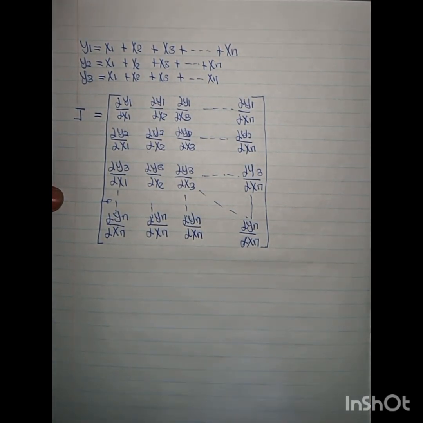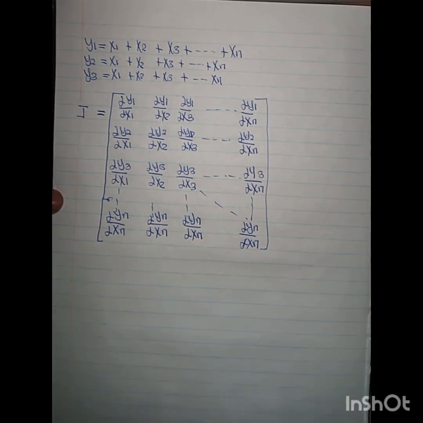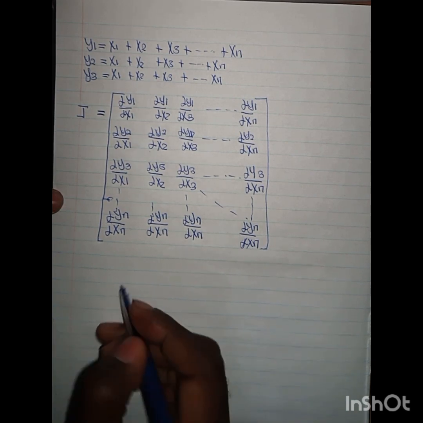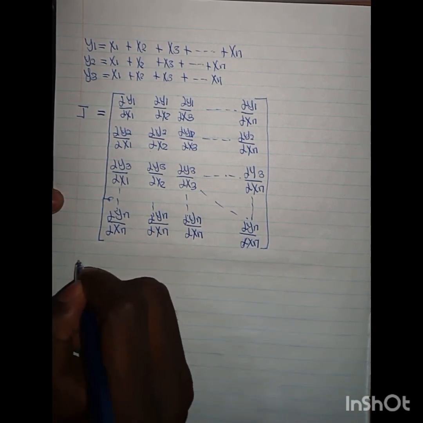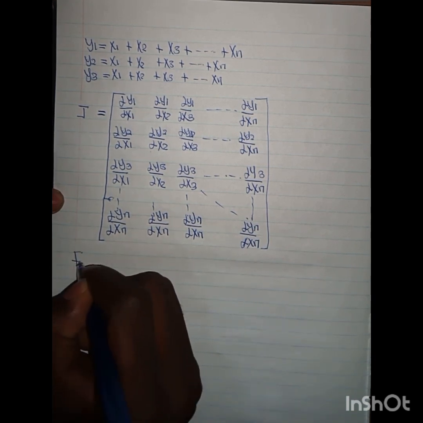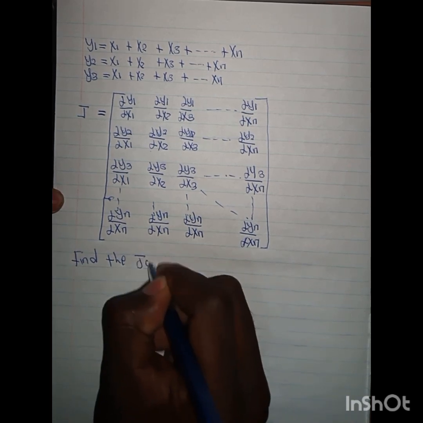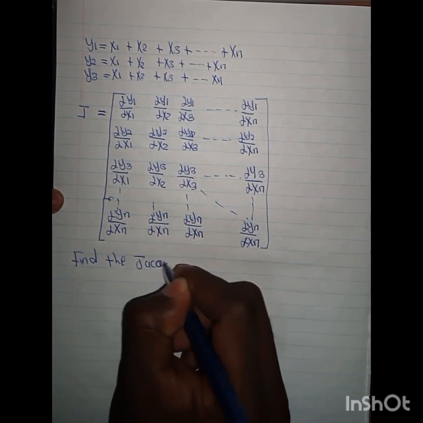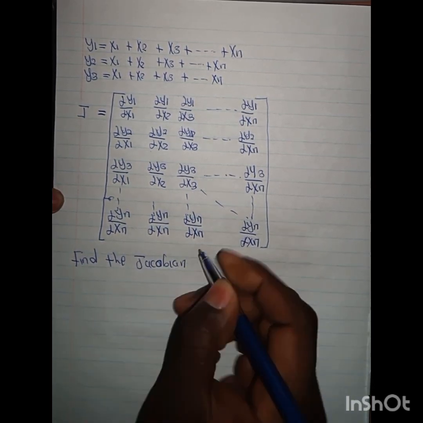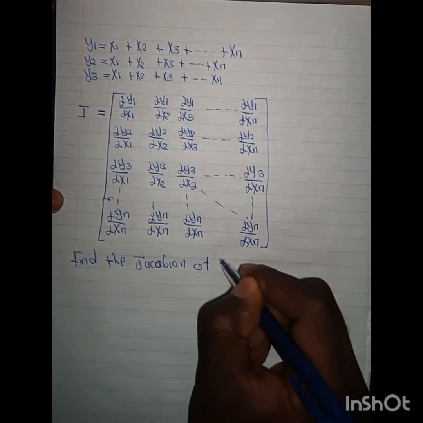Since we have now generalized the Jacobian matrix, let me take you through some examples. Let me say we have the following mapping. Find the Jacobian of the following transformation.